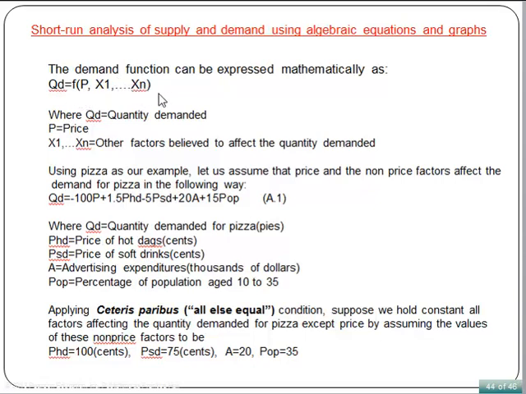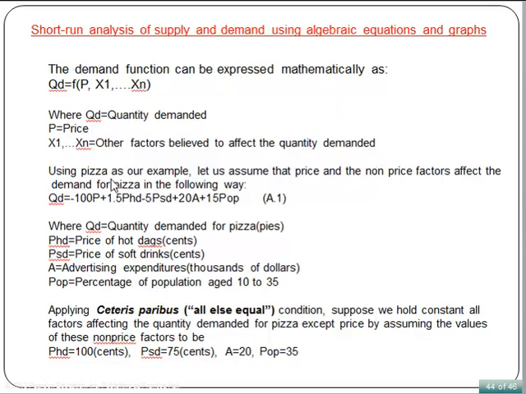Here Q sub D is quantity demanded, P is the price. From x1 to xn means the other factors believed to affect the quantity demanded, such as income, price of related products, tastes, population, what we just learned in the above slides.